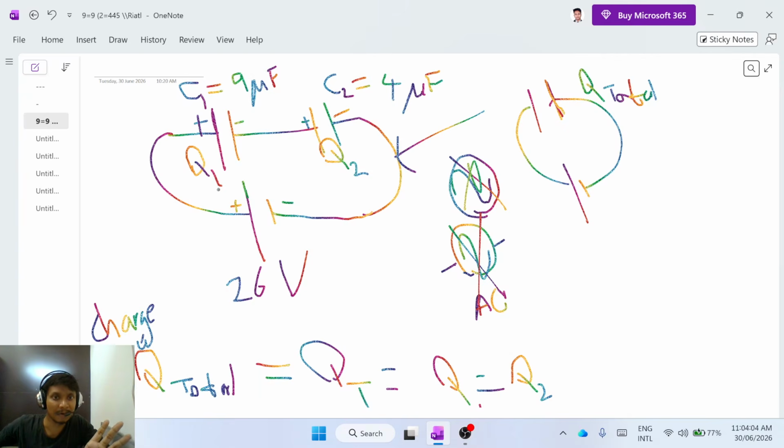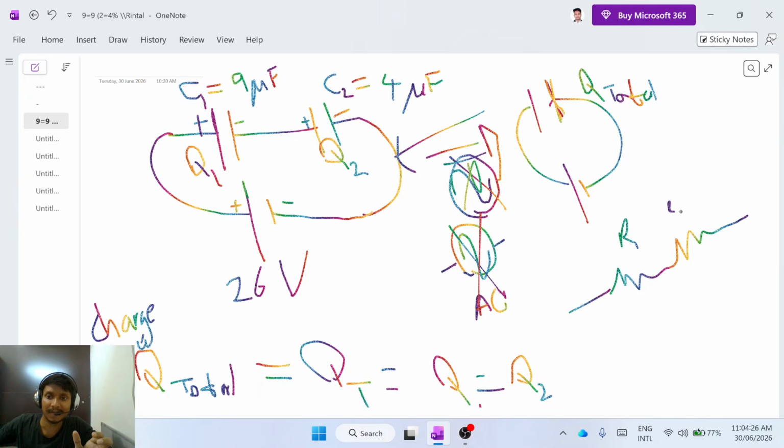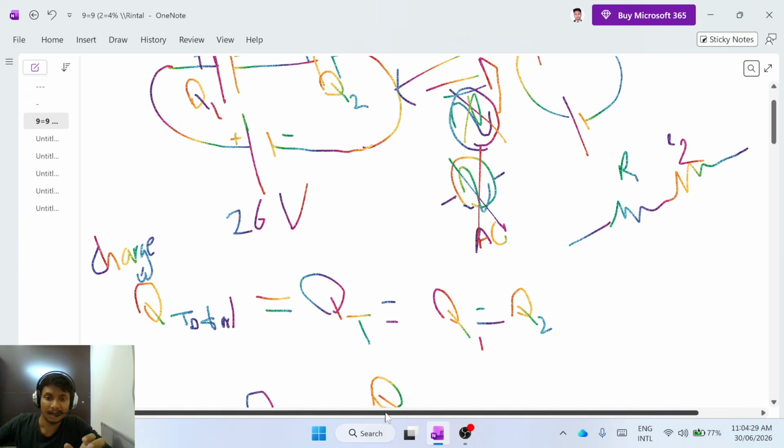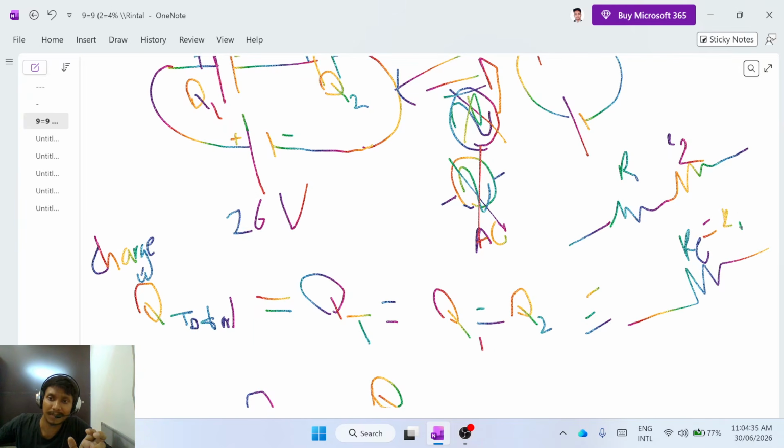Now here, as you already know, we can derive the equivalent capacitance instead of these capacitors. For resistors also, if there are two resistors in series, we can find the equivalent resistance using R1 plus R2.